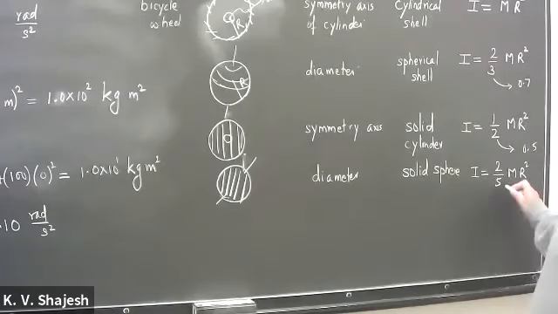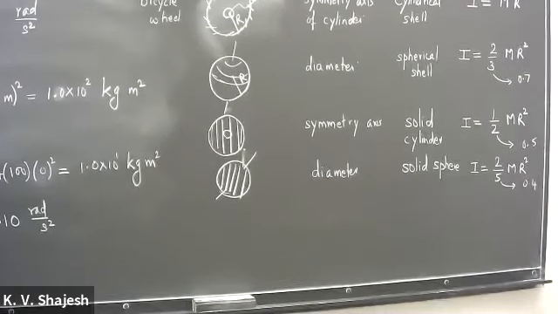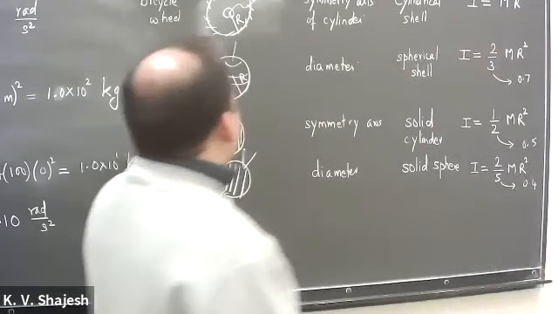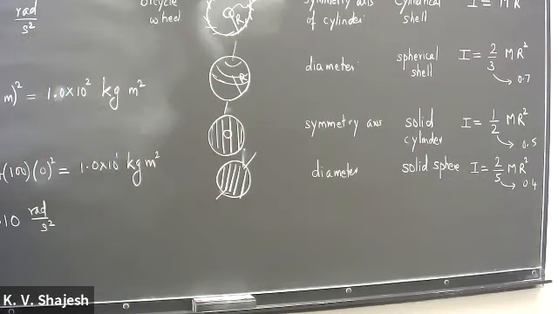And 2/5, if you put that in decimal, is 0.4. So 1, 0.7, 0.5, and 0.4. These are the four examples we will typically work with in this course.